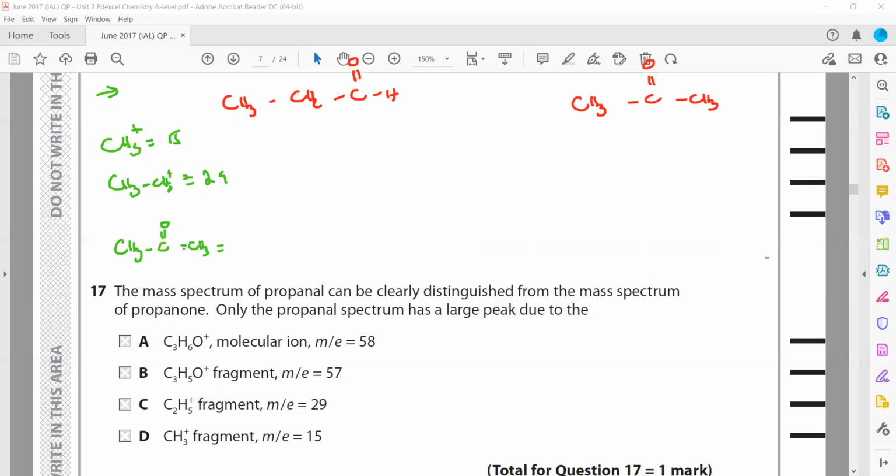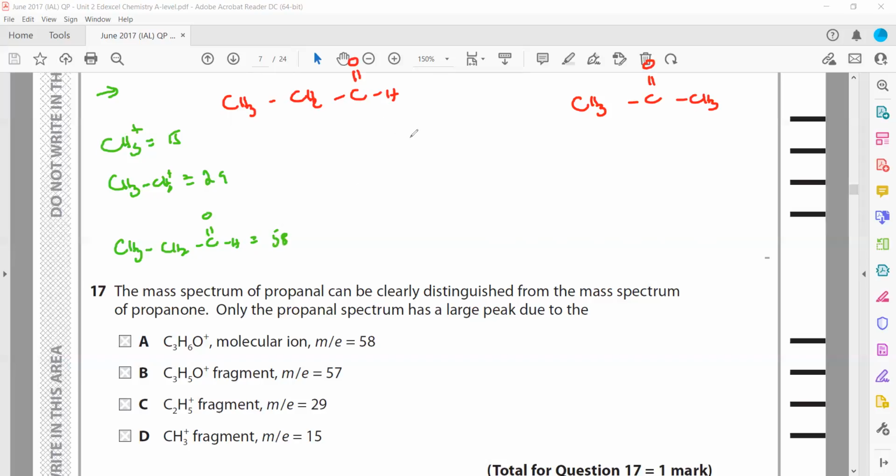When we add CH3, CH2, C double bonded with O, H, till here it was 29, plus 12, 41, plus 16, so 57, and then 58. So the molecular mass is 58.